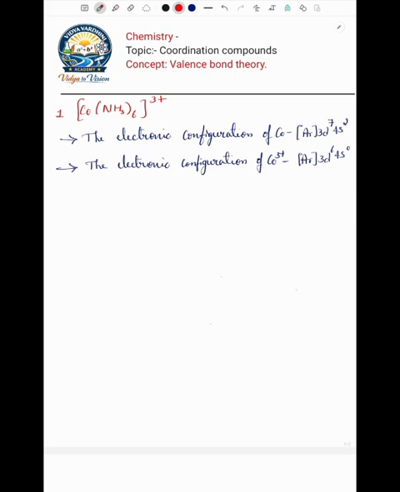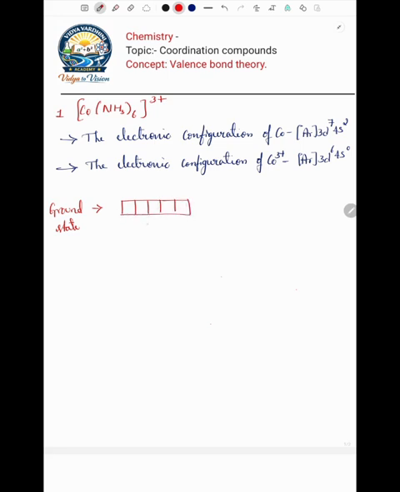And we can see the hybridization scheme in this way. First, let us write the ground state. This is the representation of how the hybridization takes place in the complex. The ground state of cobalt is 3d7 4s2. The d orbital can accommodate 10 electrons.